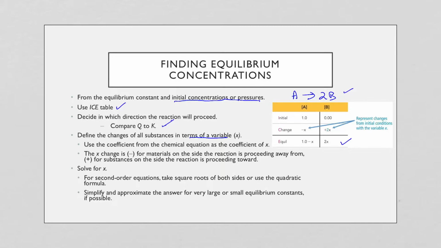So for example, in this one, we didn't have any product, so we know it's going to move toward product. So the product value is going to go up and reactants are going to go down, or vice versa. Now, on occasion, you may have a problem where you have both products and reactants, and so you actually do need to quantitatively solve for Q to figure out what direction it has to move toward K.